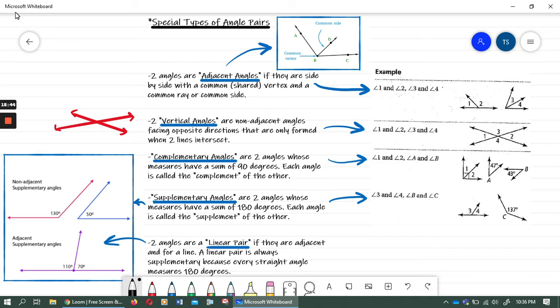Okay, so if we were looking at this angle here, the only other angle out of these 4 angles that's not adjacent to that one and facing the opposite direction of it is this one, literally. So these 2 angles would be considered vertical angles.